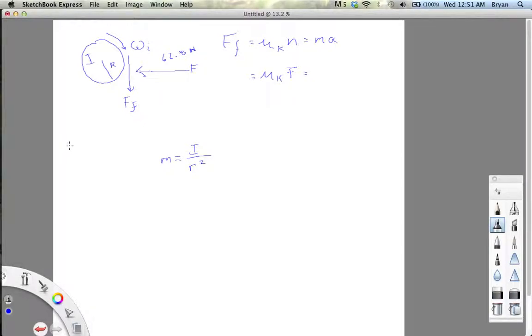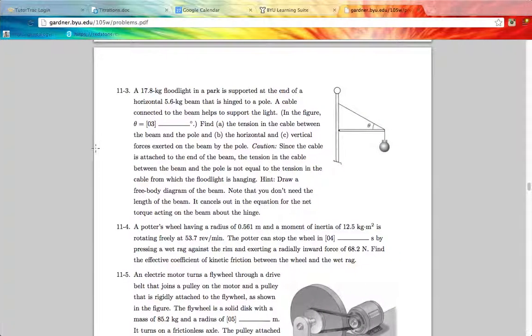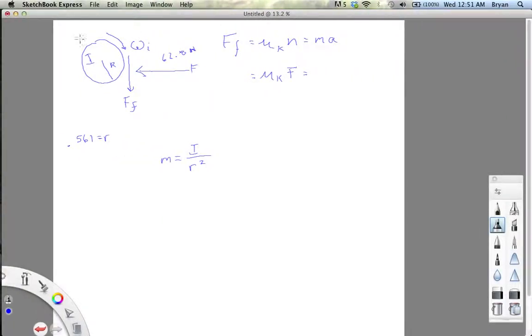I got 0.561 equals R. They also give us the moment of inertia, 12.5. So, if I is equal to 12.5, to solve for M all we really got to do is plug in R squared, and then I, and we've got our answer.